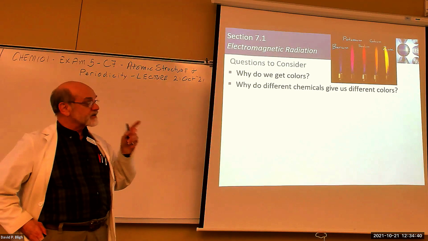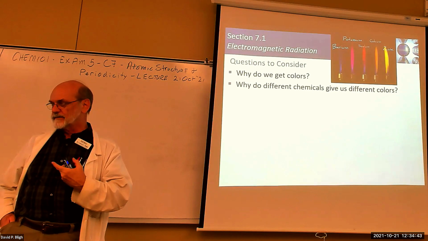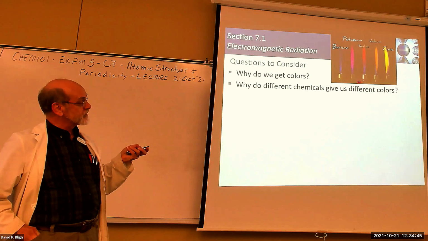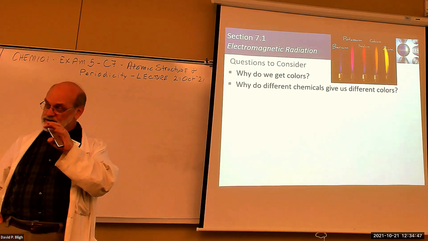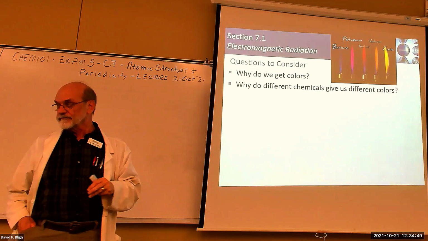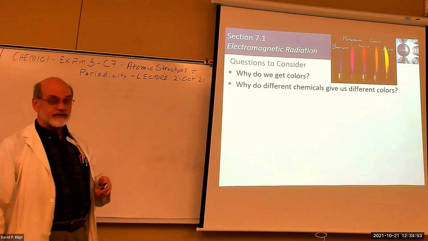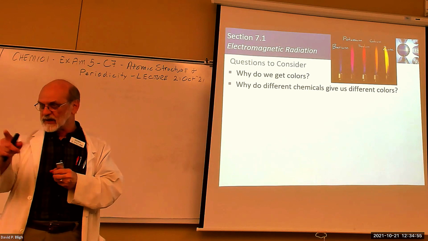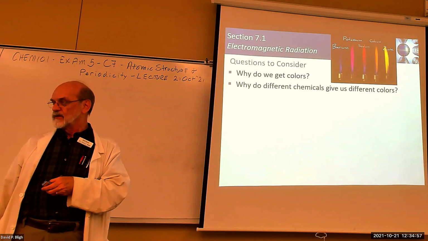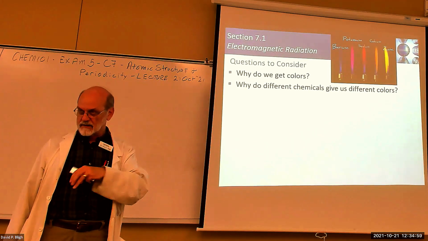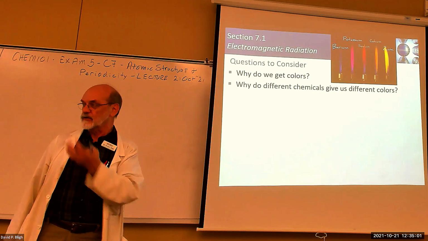Now these colors also vary with the temperature. So if you change the temperature of these flames, you will slightly change the color. Right? So hang on to that idea for a while. It has to do with the amount of energy that we're pumping into the atom before it releases that energy back to us in the form of light.